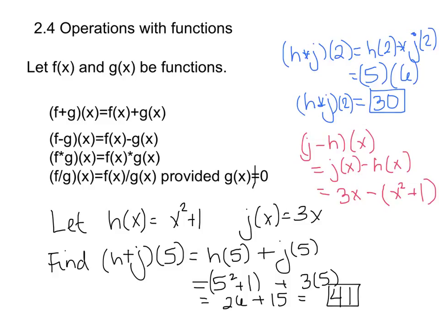So when we subtract off the function h, which is x squared plus 1, we will have to distribute our negative. And when we distribute our negative, we're looking at 3x minus x squared minus 1. Just rearranging terms so the x squared is first, that's negative x squared plus 3x minus 1. That would be (j minus h)(x).